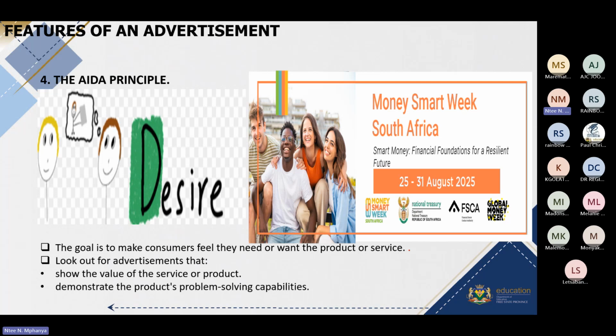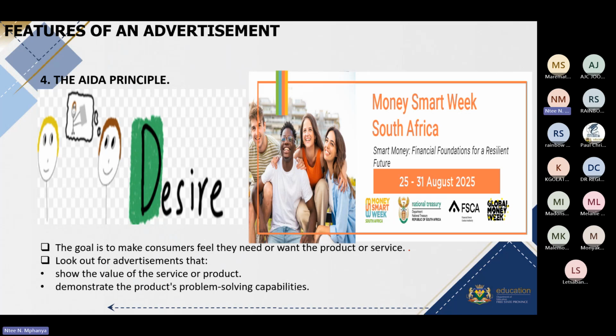To demonstrate the product's problem-solving capabilities, here the National Treasury succeeded in showing us that if you are money smart, you will be able to be resilient in the future. And this is the foundation for financial well-being.